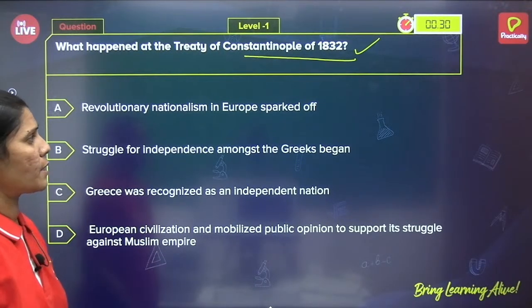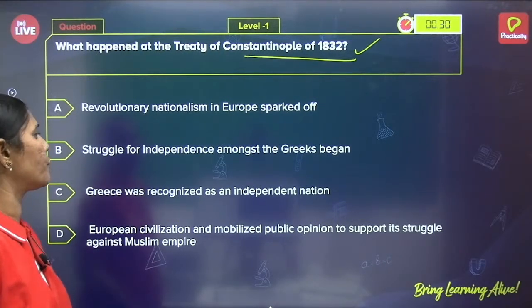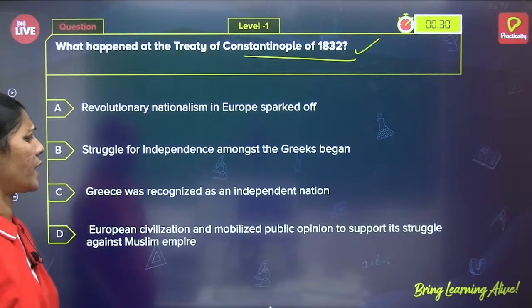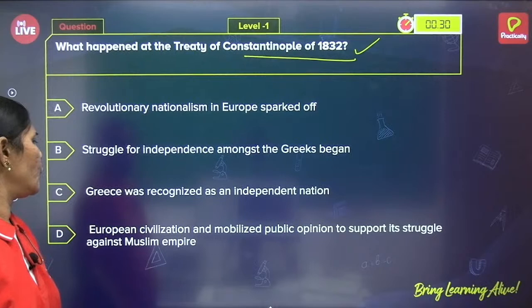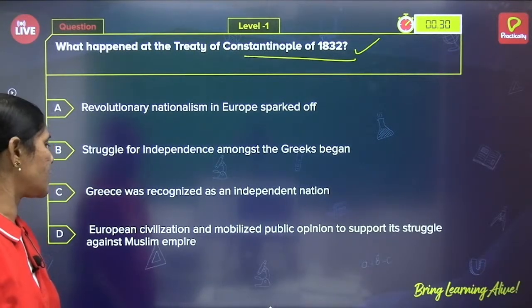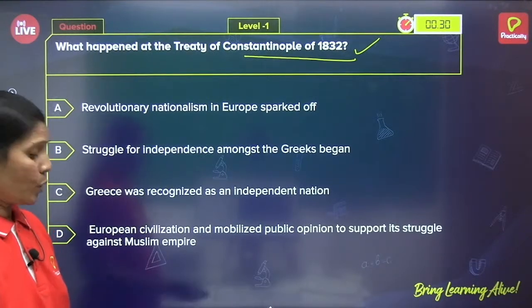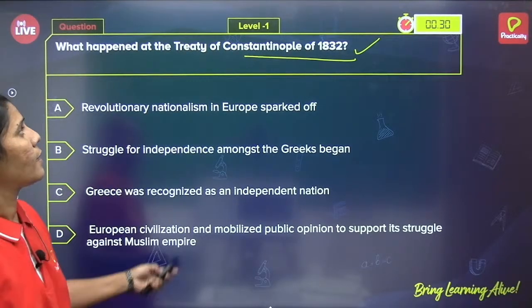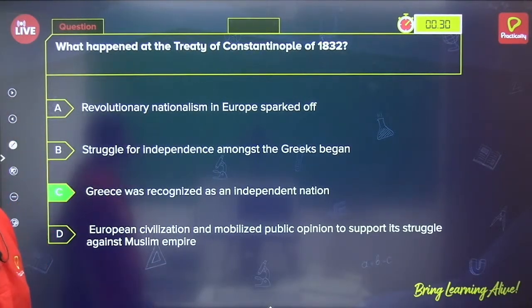The options: revolutionary nationalism in Europe, the spark of struggle for independence among the Greeks began; Greece was recognized as an independent nation; European civilization and mobilizing public opinion to support its struggles against the Muslim empire. Which one of the options took place in the Treaty of Constantinople? The answer is that Greece was recognized as an independent nation.